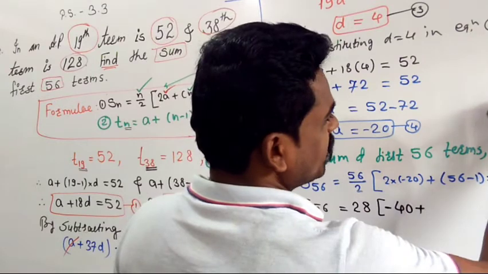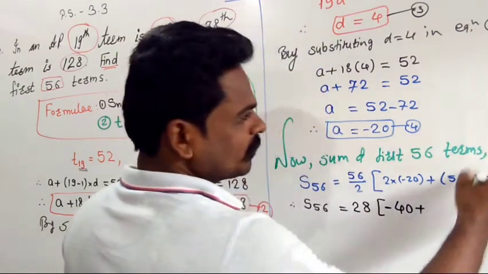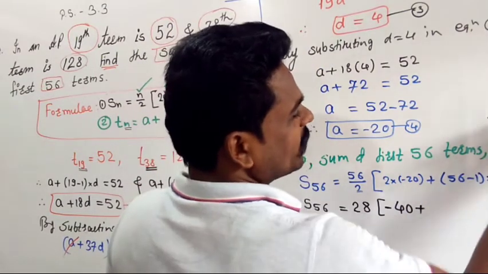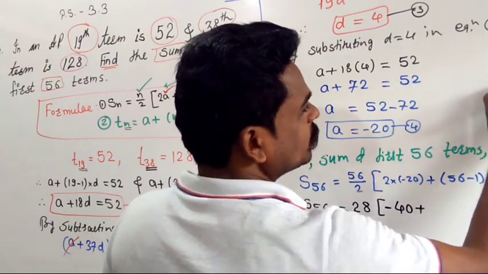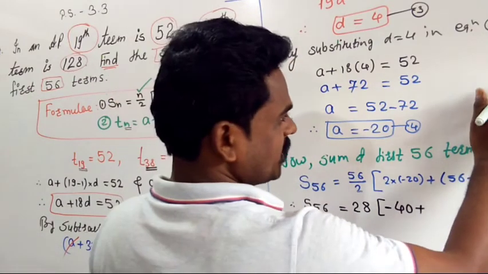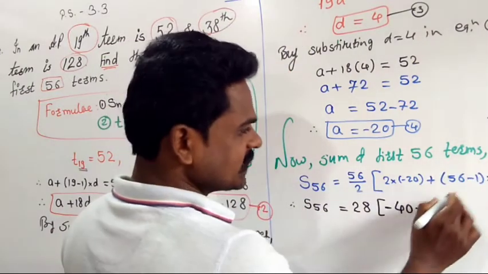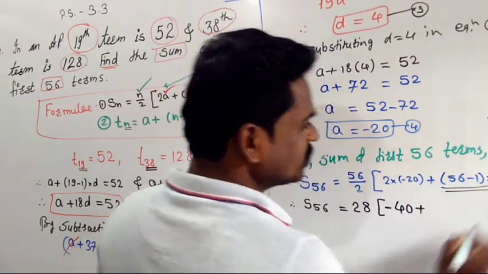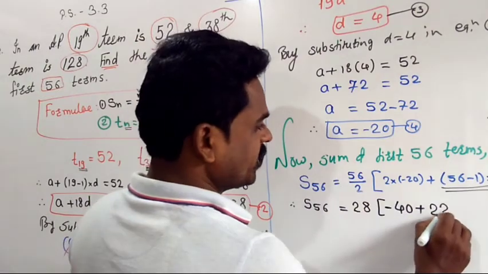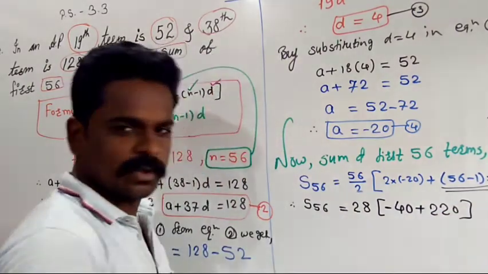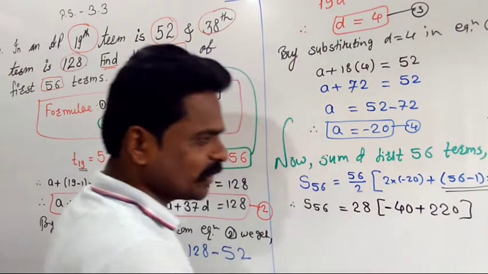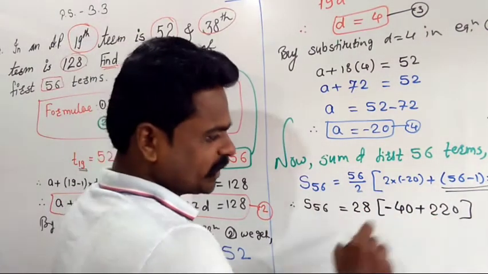It's a 55 into 4. So 4 5s are 20, 2 carried on, 4 5s are 20, 20 plus 2 is 22, and 220 is the answer of this whole multiplication. So 220 will be there. Now 220 minus 40.